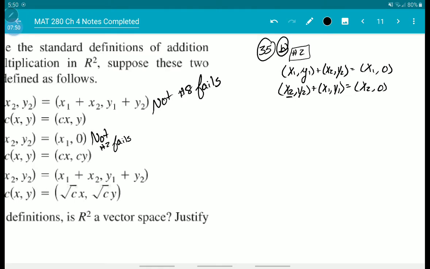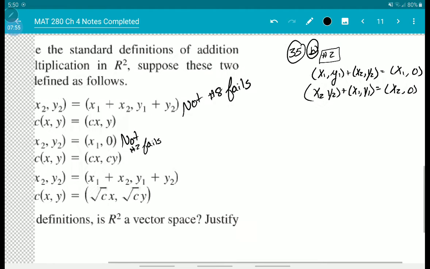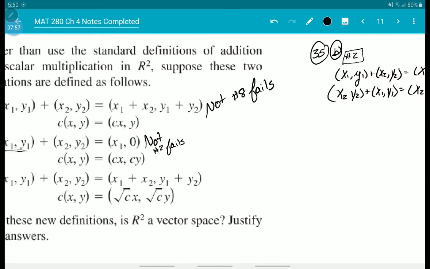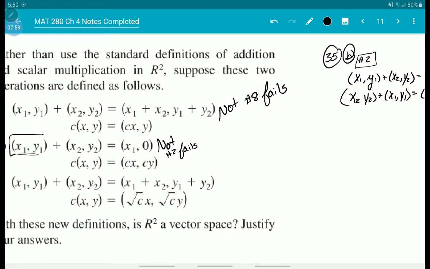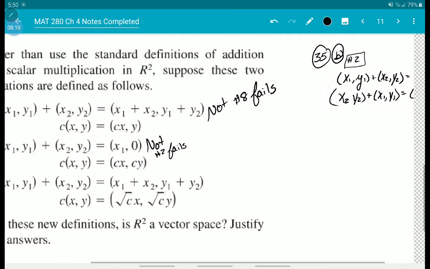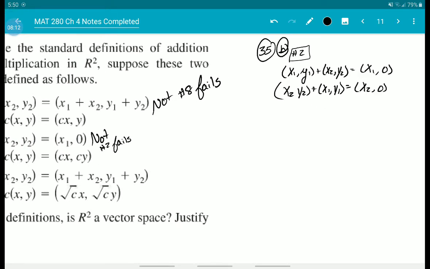Because remember, it's going to be whatever that first component is. You really have to be careful with these definitions and what they're saying. Think about what this is saying. If I add 2 things together, I get the first component, and then I always get 0. So axiom 2 fails.